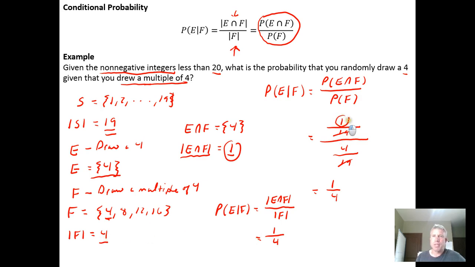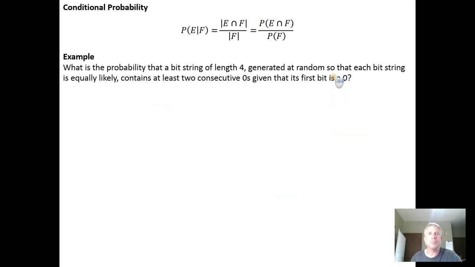Here the sizes show up, and the size of the sample space cancels. Even though we could have used this form, I like using this form because it shows the size of the sample space canceling out, and you aren't always able to identify the sizes of the sample spaces. Sometimes what you have is the probabilities only. So understanding that you can just take the ratio of the probabilities is a powerful tool.